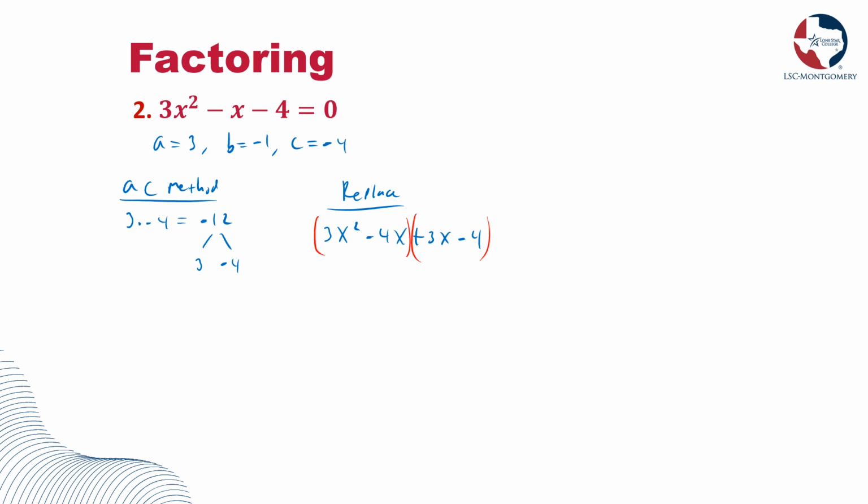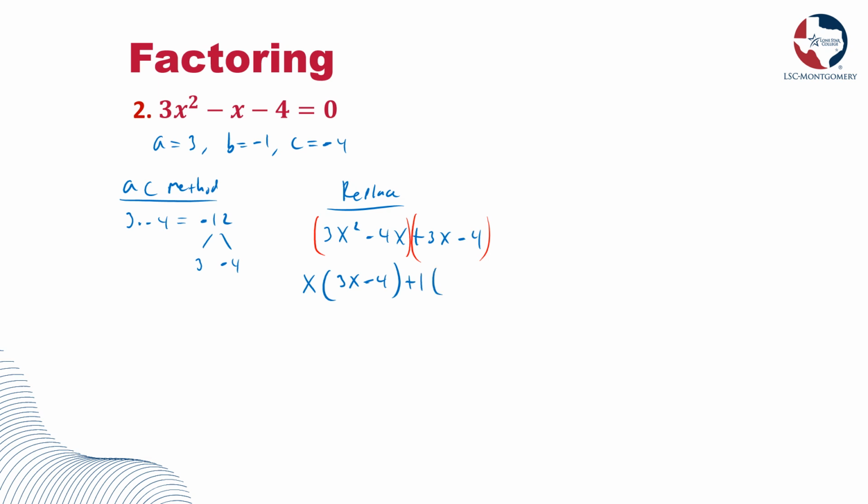So 3x squared minus 4x, the greatest common factor would actually be x, and when we factor an x out, we're left with 3x minus 4. The second set, 3x minus 4, technically there's nothing in common that we can pull out, so what we do is we pull out just a 1, because we need to factor something. Best way to factor is to pull out a 1.